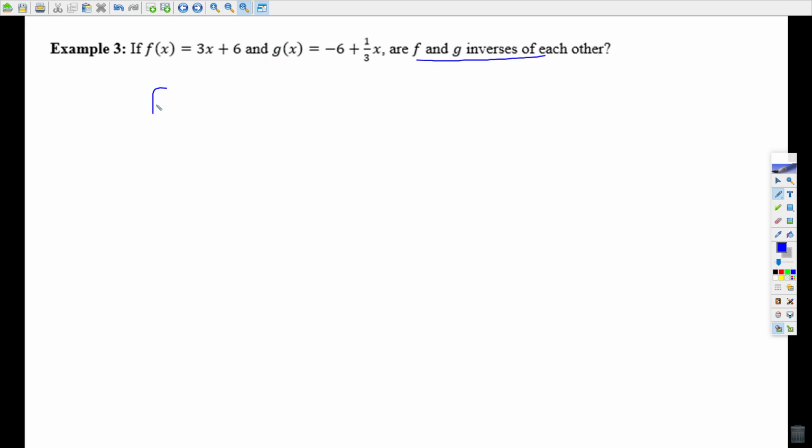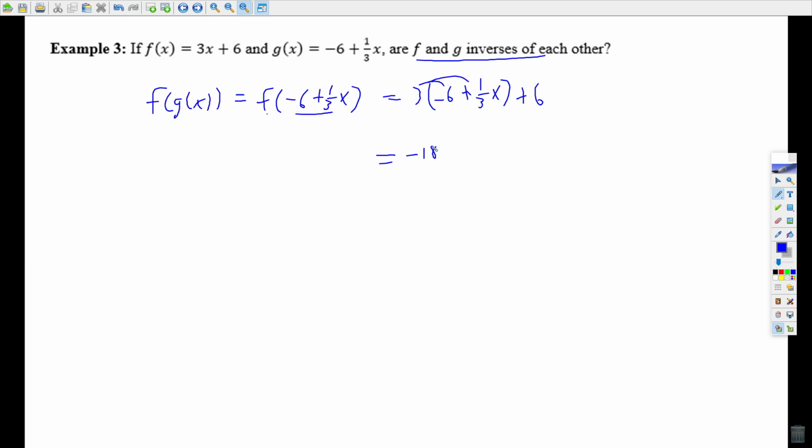So we'll do f of g of x. It doesn't matter which one you do first. So f of g of x, g of x is right up there, negative 6 plus 1/3 x. Plug this into the f function right there. So we're going to get 3 times negative 6 plus 1/3 x, plus 6. Okay, so we're going to distribute the 3.